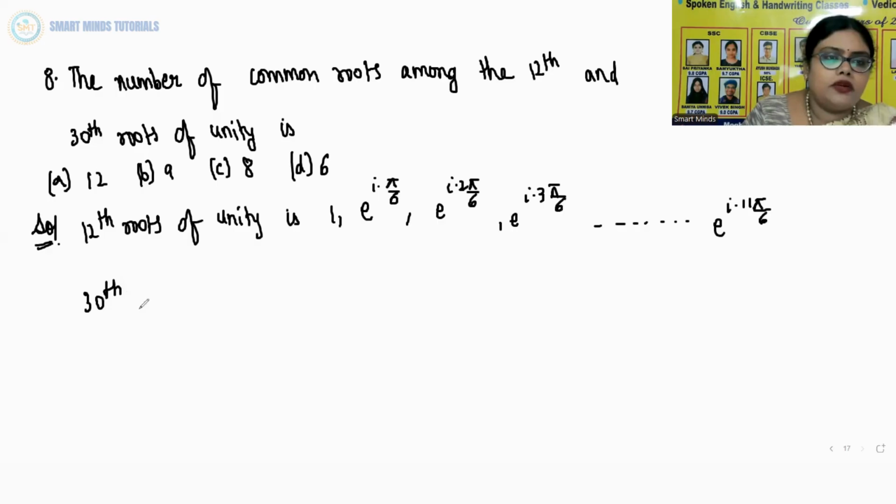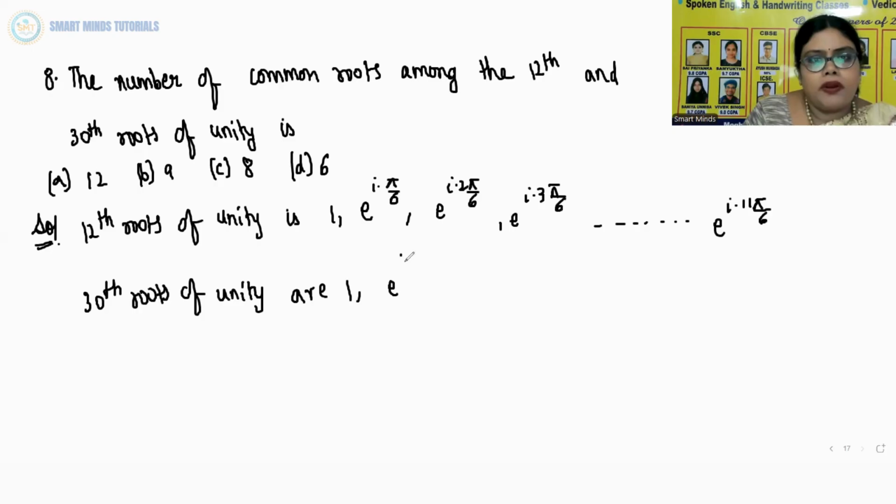And the 30th roots of unity are 1, e power i into pi by 15. See, if you have 12 here, you should halve it and write. So for the 12th roots of unity you get pi by 6. Same with the 30th roots of unity, you get pi by 15, because we halve this 30.